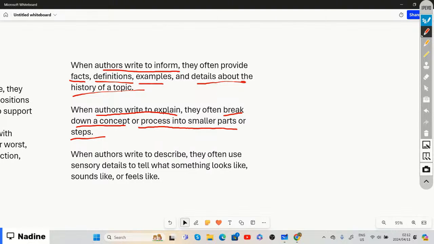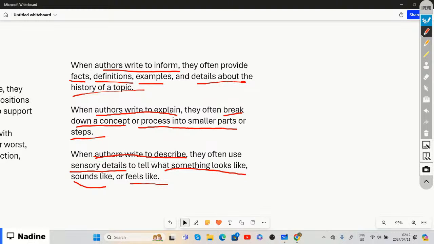All right. And then also when an author is trying to describe something, giving you a description, they often use sensory details to tell what something looks like, sounds like, and feels like. And remember we said sensory is our senses, right?